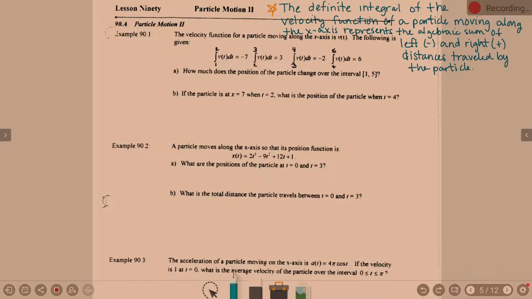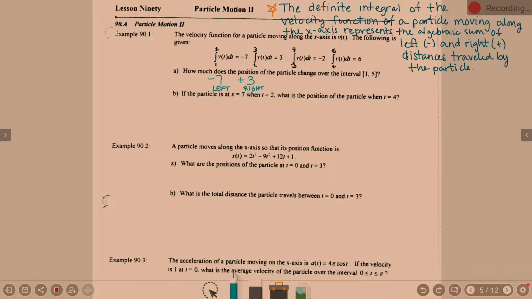Okay, so what's it going to do? From the time 1 to 2, what's it do? It goes left 7, right? It's a -7, so it's going left 7. And then the interval from 2 to 3, what's it doing? It's a +3, so then you're going right 3.